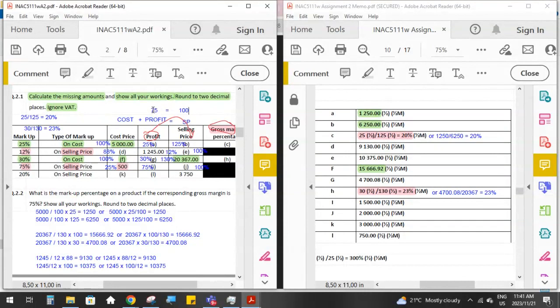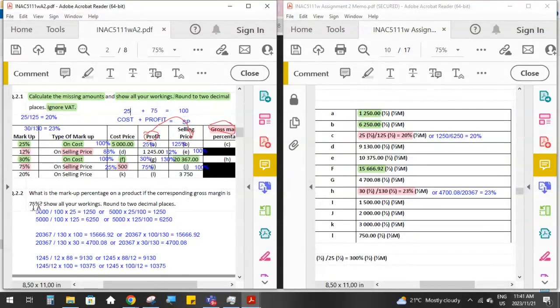So now I know that my gross margin is 75 of my selling price. So selling price is 100, which means that my cost, going backwards here, must then be 25%, because 25% plus 75 equals 100.